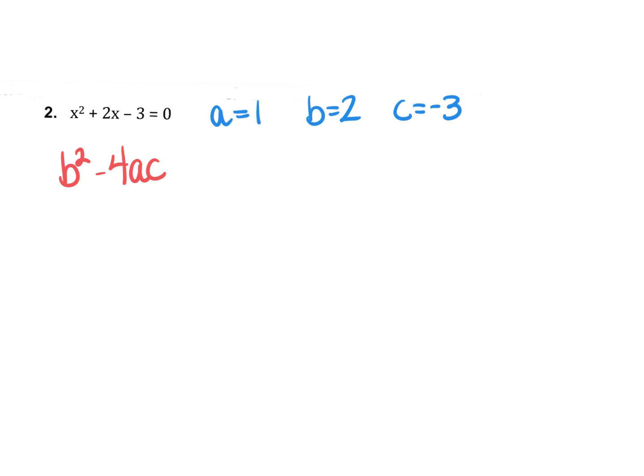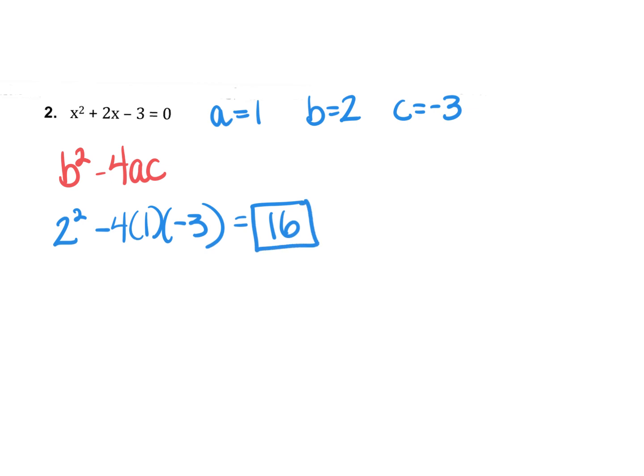So we've got b, which is 2, squared, minus 4 times 1 times negative 3. When we simplify this, we get 16. And because we have a positive number, greater than 0, this is going to end up having two solutions.